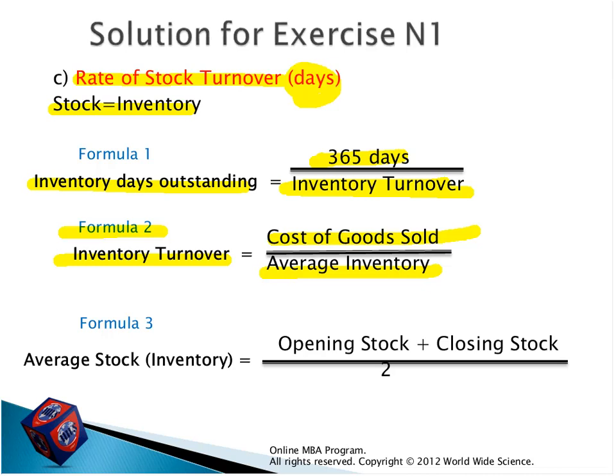And to find the average inventory, we use the following formula number 3. Take your opening stock, add it to closing stock, and divide by 2. This is the formula with which you can find any kind of average amount for any items, right? 1 plus 2 and divide by 2. You just sum the 2 items and divide by 2.